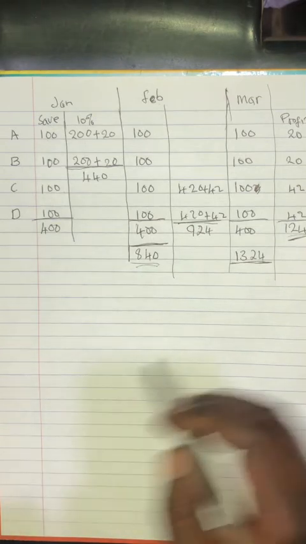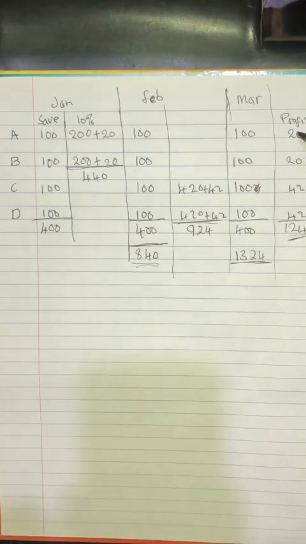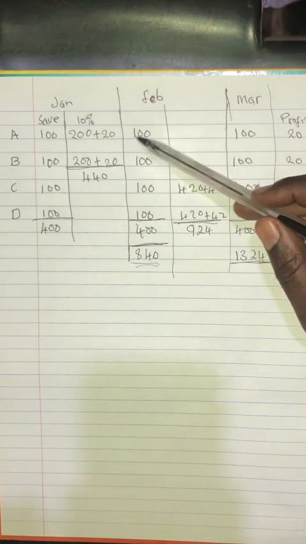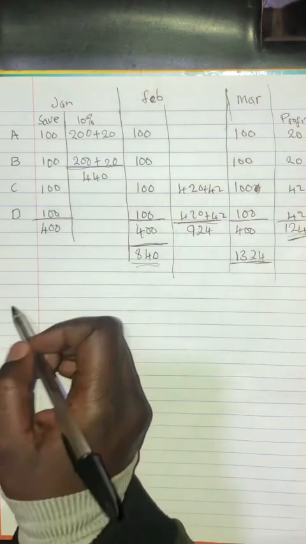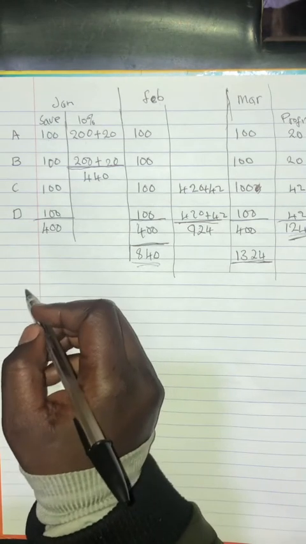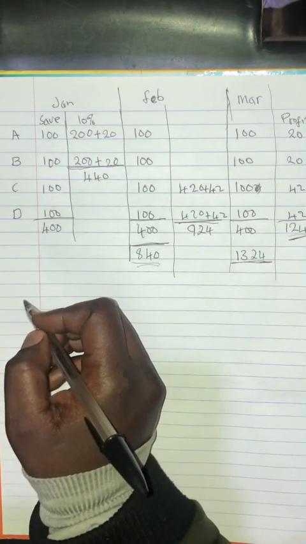Whatever individual A saved, which is 300 kwacha, we are just going to add the 20 kwacha of the profits that this person has made over a period of 3 months. So here is the tabulation of how the profits shall be shared.